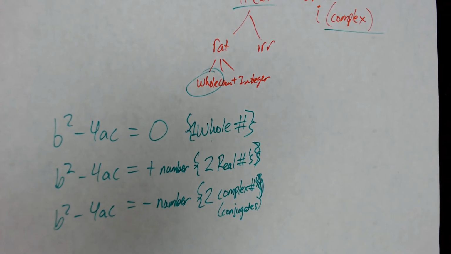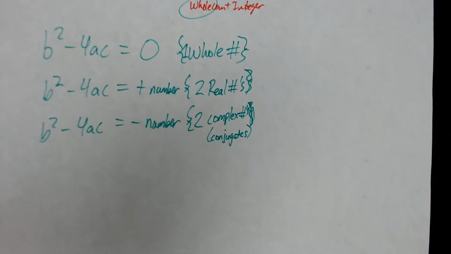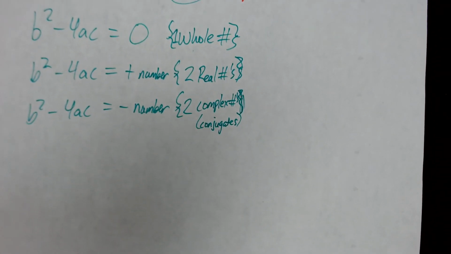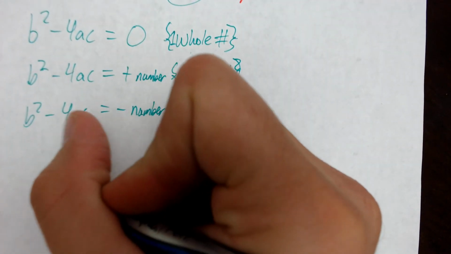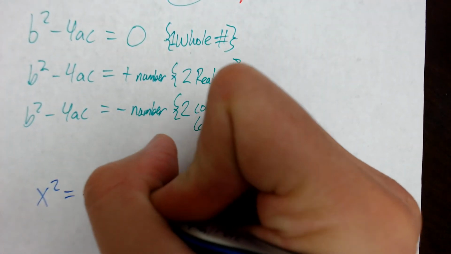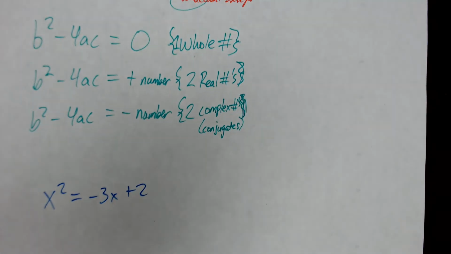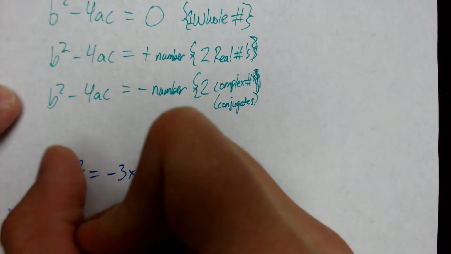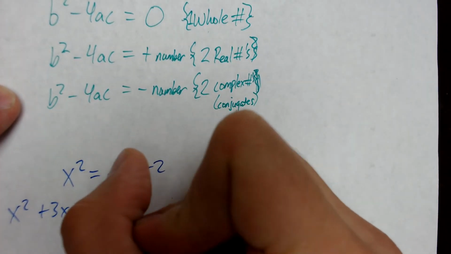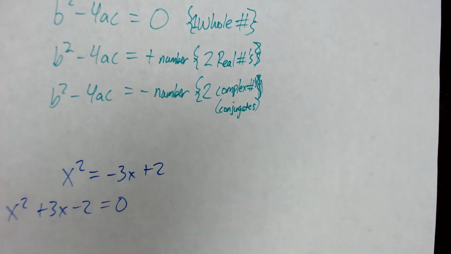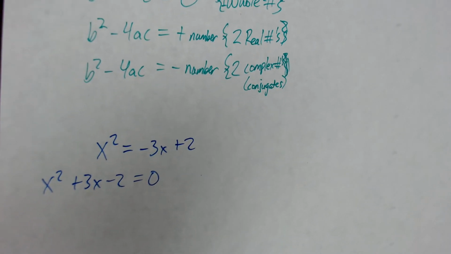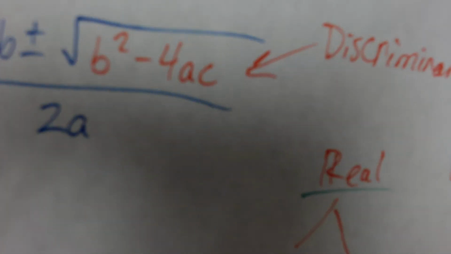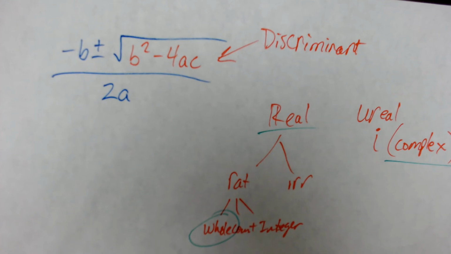All right. So let's use some examples and figure out which one our quadratics will lie in. So let's say we have the quadratic x squared equals negative 3x plus 2. Well, first thing I'm going to do is set this equal to 0. So that's going to be x squared plus 3x minus 2 equals 0. And then I'm just going to solve the discriminant portion, which, again, we said was b squared minus 4ac.